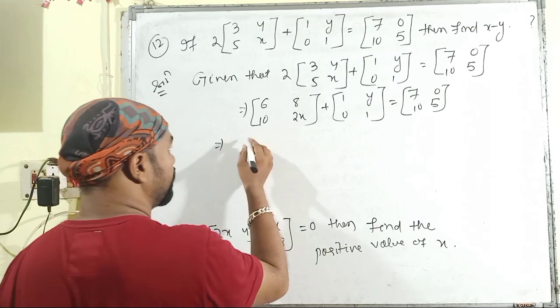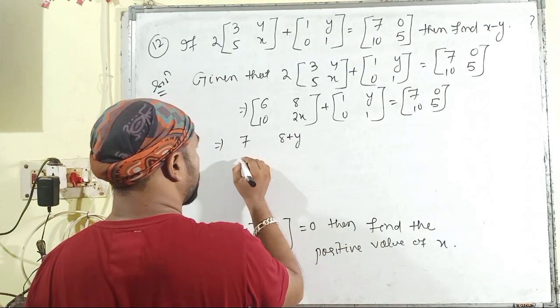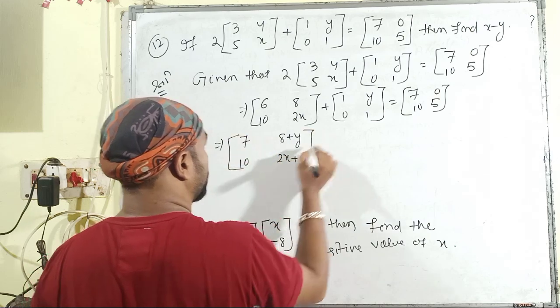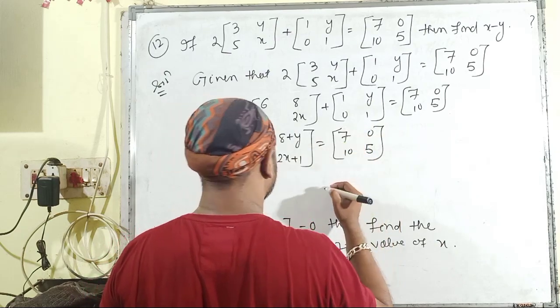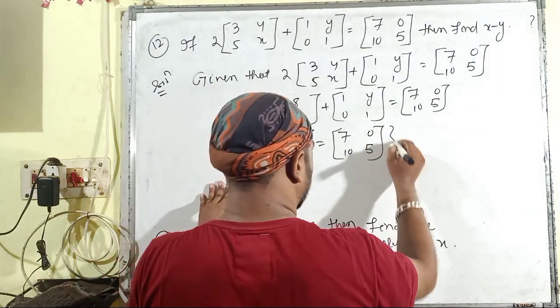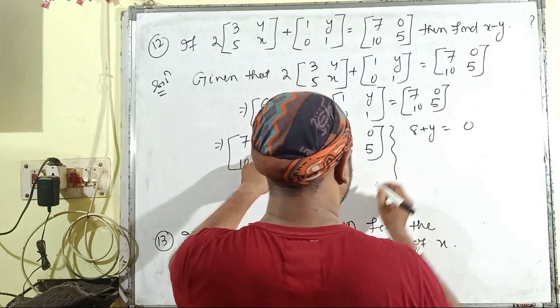Then adding these numbers we have 7, 8 plus y, then 10, 2x plus 1 is equal to 7 0, 10 5. So from the given matrix we have 8 plus y is equal to 0.